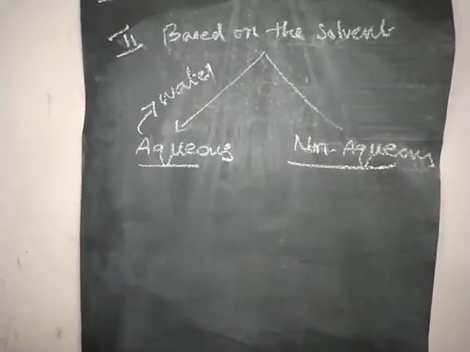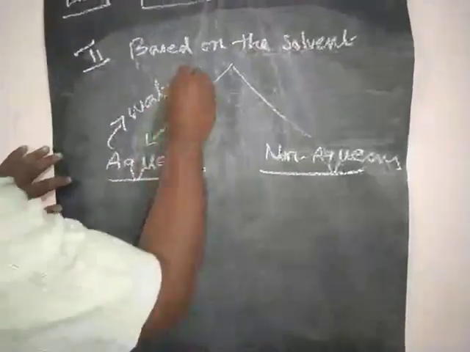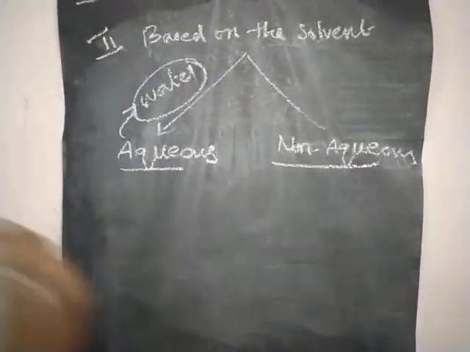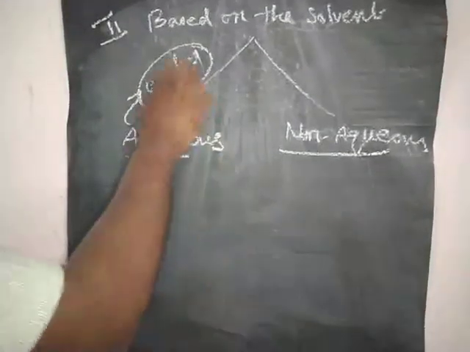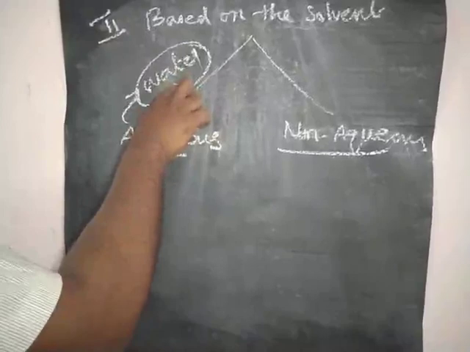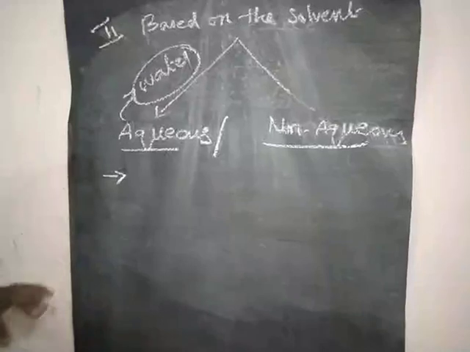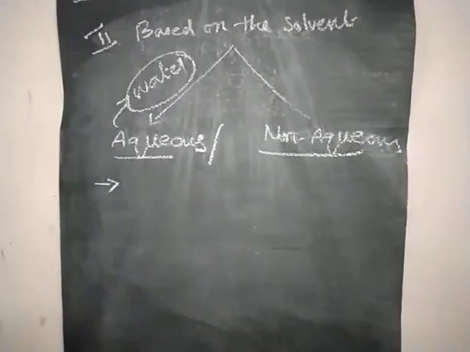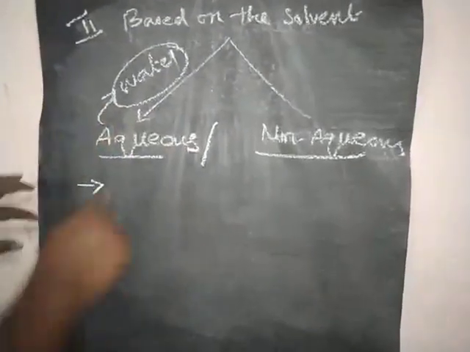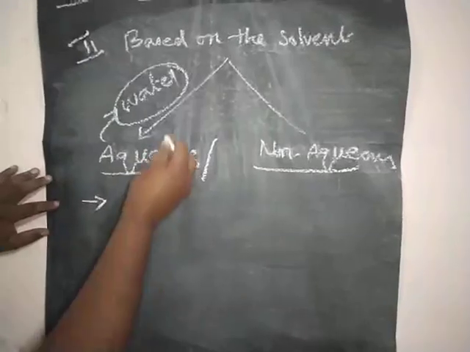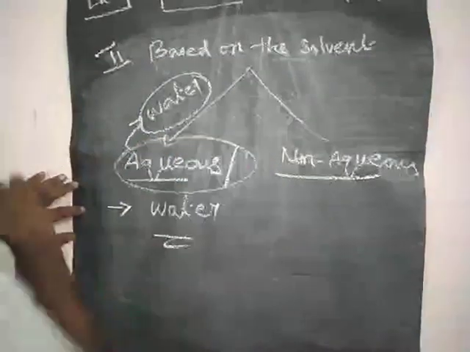So how can we define aqueous solution? Before that, water. Already we know water is the best example of what? Universal solvent. Why? Because most of the substances dissolve in water, so it is called the universal solvent. The solution in which water acts as a solvent is the definition for aqueous solution.